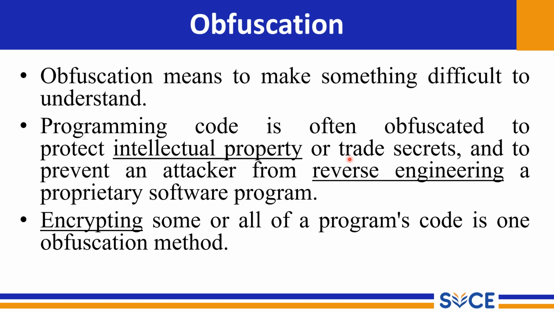A tool called an obfuscator will automatically convert the straightforward source code into a program that works as intended but is more difficult to read, understand, and therefore compromise by potentially malicious parties.